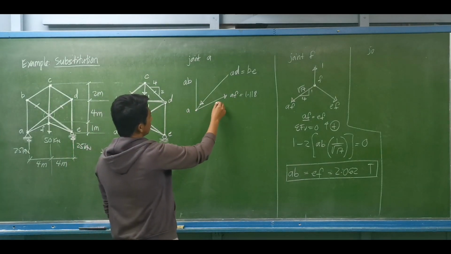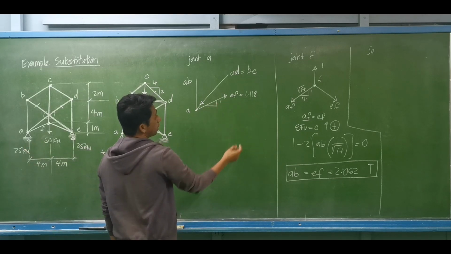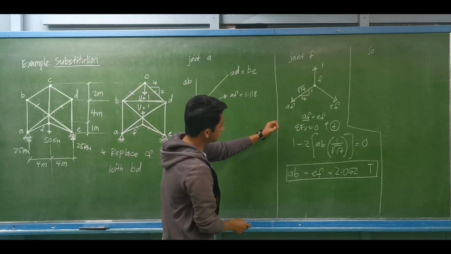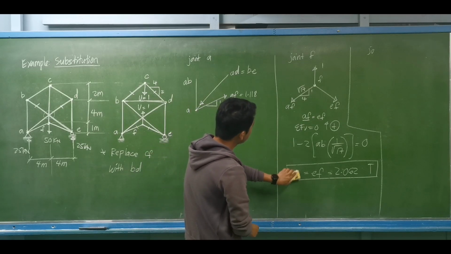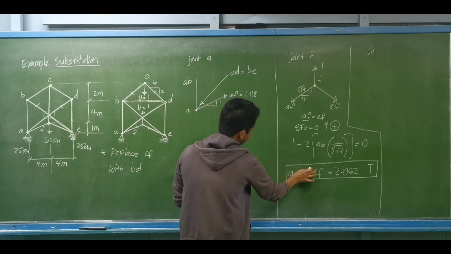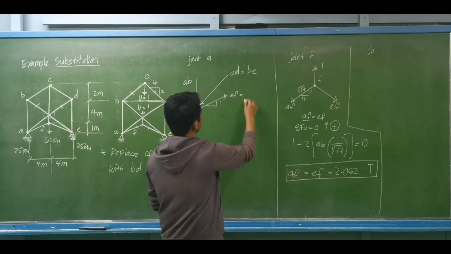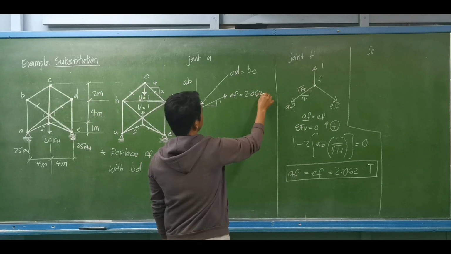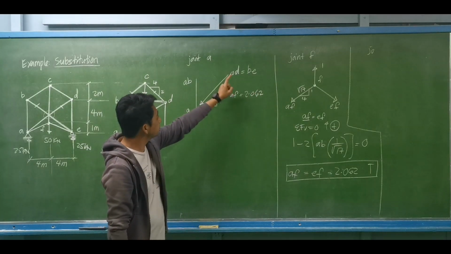So this is the slope of member AF earlier, that is 1 vertical. Sorry, it should not be AB. I wrote AB here. So it should be AF. AF, so what we got here is 2.062, not 1.118. AF.